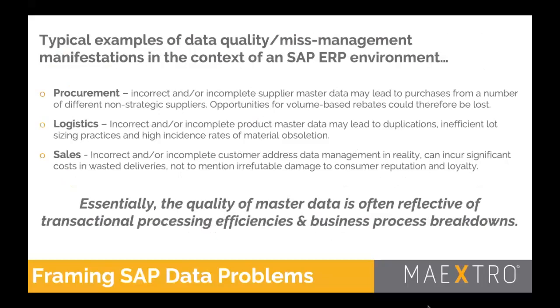In the logistics line of business, you could have incorrect lot sizing procedures, missed maintenance of MRP profiles, and then high incidence rates of material obsolescence as an outcome of mismanagement of MRP procedures. In the sales world, you could have bad customer master data for addresses, which will incur cost in wasted deliveries, not to mention the damage to customer loyalty and reputation. But the key message is that this is reflected in the transactional processing because of the way ERP is structured.